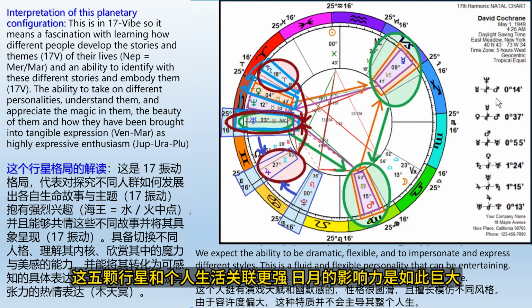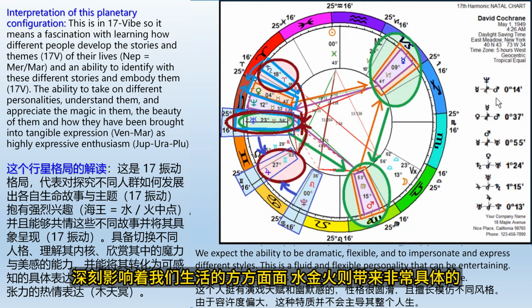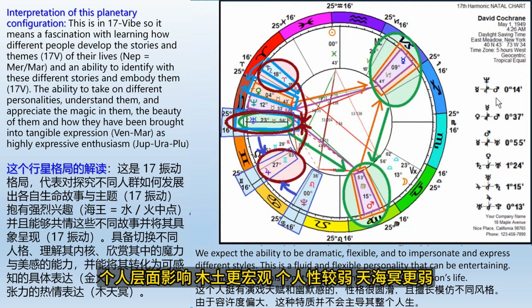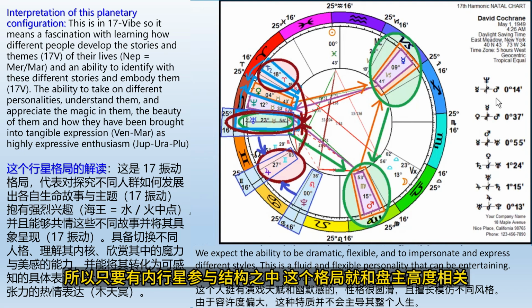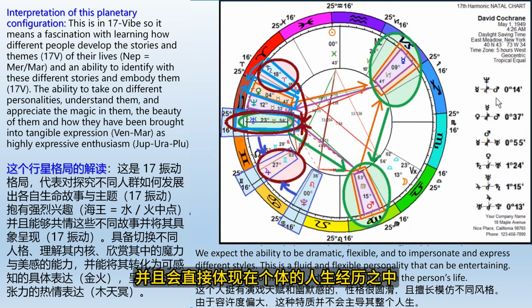Sun and Moon are just so powerfully important, affecting so much of our lives, and Mercury, Venus, Mars have such specific personal impact. Jupiter and Saturn are broader, less personal, and Uranus, Neptune, Pluto even more so. So if you have an inner planet involved, it really makes it very personal to the person and brings it into their direct personal experience.